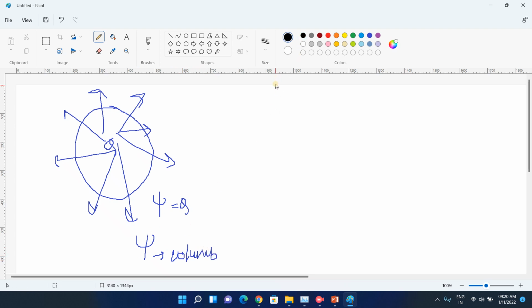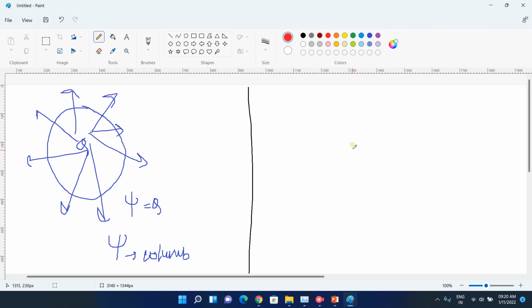But on the contrary, consider a magnetic field created by, suppose, a bar magnet or a solenoid.